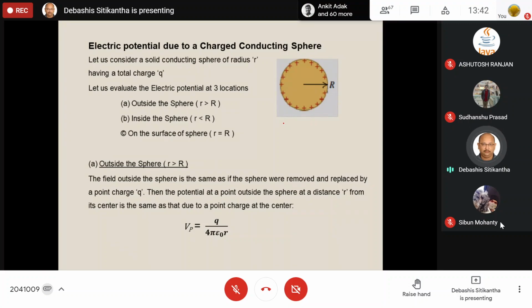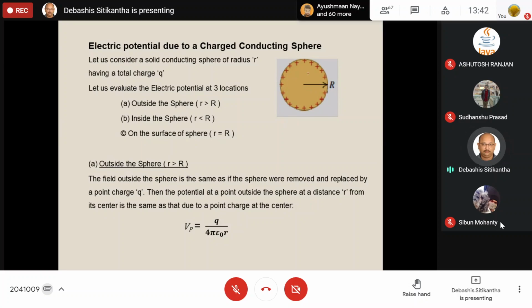So outside the conductor, when small r is greater than capital R, don't worry, we are not going to apply Gauss law. Just have a look. The field outside the sphere is the same as if, please remember, as if the sphere is replaced by a point charge.